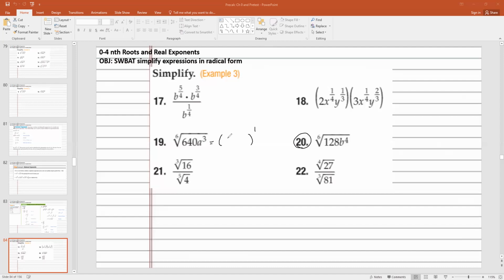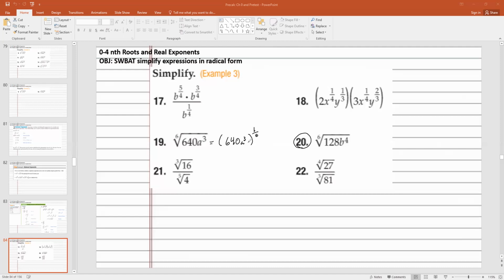Parentheses, and that radicand is 648 cubed. We're going to write this radical as an exponent, a fraction exponent. So you have 1 over 6. This index is the denominator.